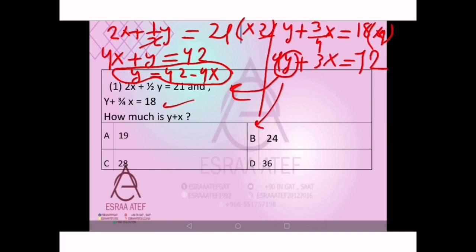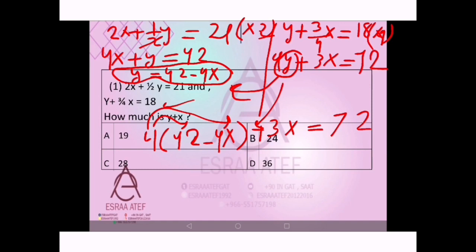So now we have 4 times 42 minus 4x plus 3x equals 72, and then times 4 by the inside of the brackets. 4 times 42 equals 168. Okay, plus 3x equals 72.